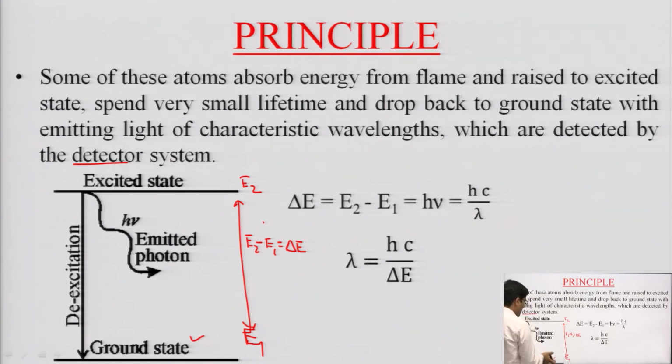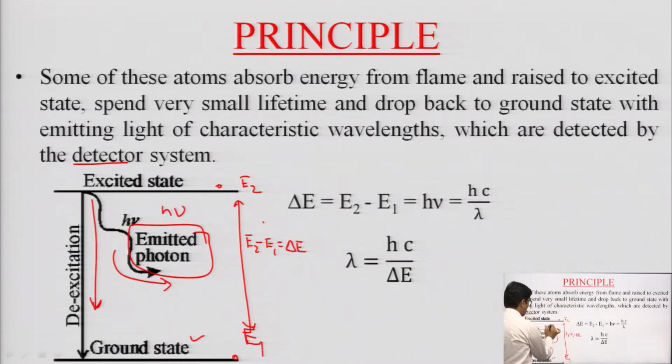So, after gaining energy from the flame, the atoms in the ground state move to the excited state, and when they come back to the ground state after deactivation, they emit photons, and this emission has a characteristic wavelength that we are going to estimate or determine.